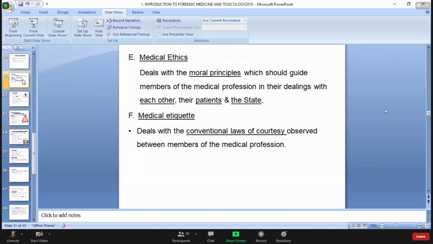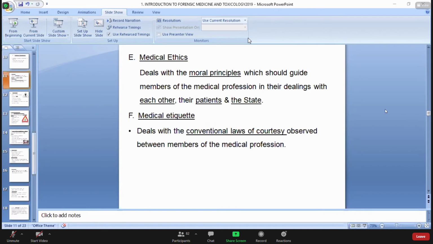Okay, I understood. Ethics is what deals with the moral principles which guide members of the medical profession in dealing with each other, patients and the state. What is included in ethics? All the principles of medical ethics are there. It will be all clear when you study ethics, and there are certain principles and theories for medical ethics.